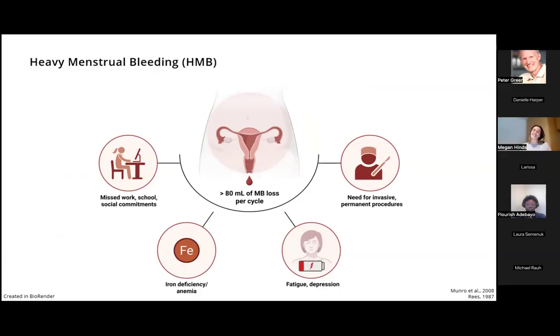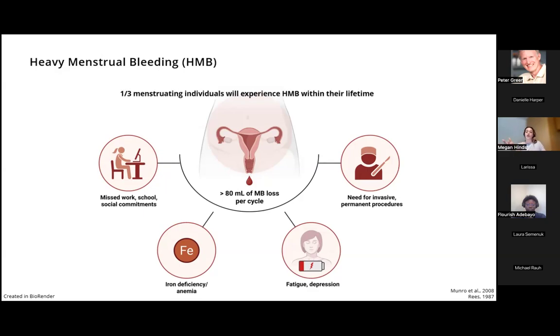Other consequences of heavy menstrual bleeding include iron deficiency with or without anemia, and its associated symptoms of fatigue, lethargy, and exertional dyspnea. And then, of course, if heavy menstrual bleeding is severe, there may also be a need for invasive permanent procedures, which present their own set of risks and are often at the cost of an individual's fertility.